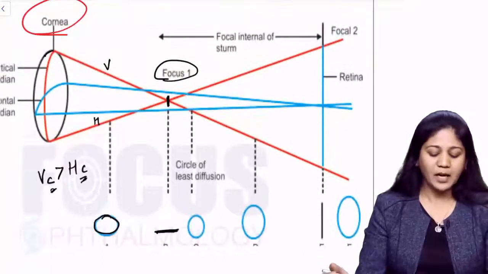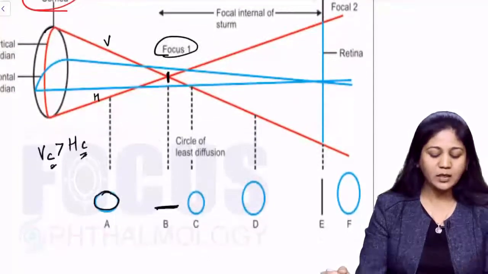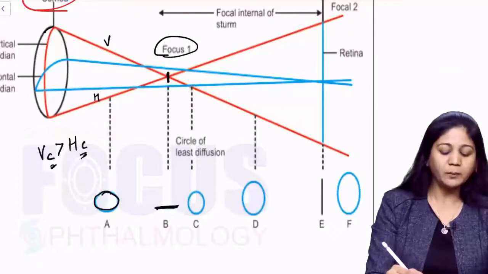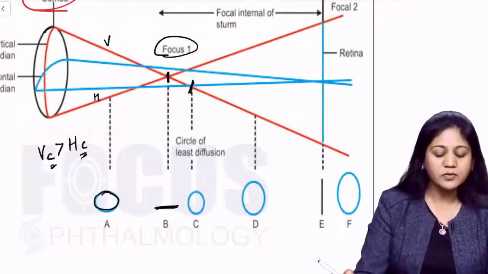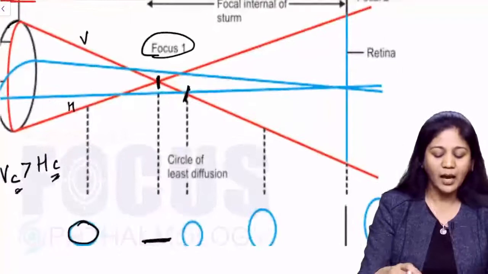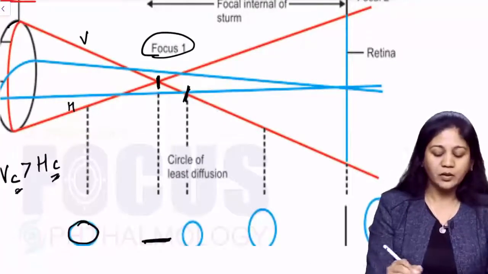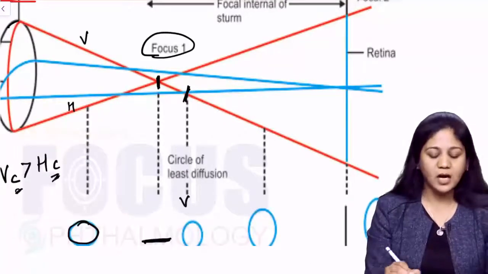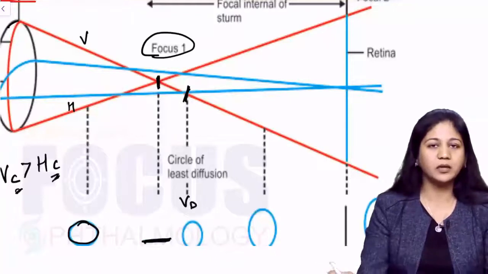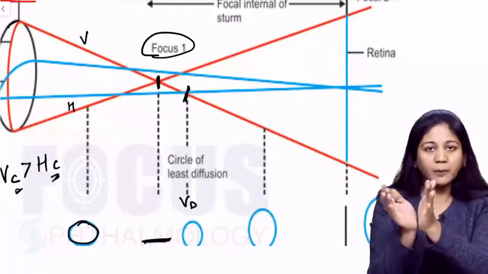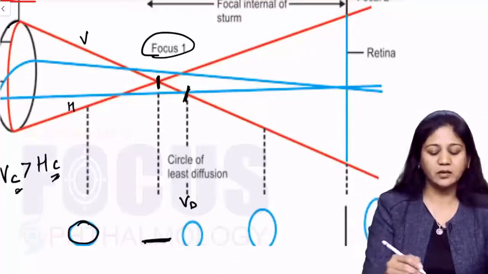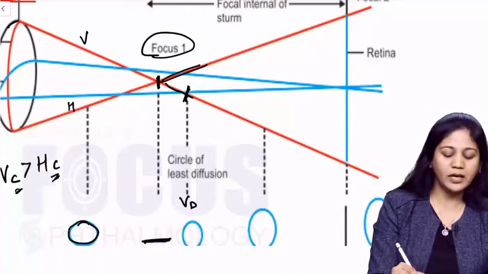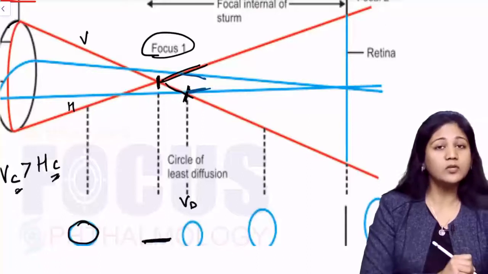Now what happens at point number C? Let us see closely. At point number C, the vertical rays have started diverging, isn't it? Vertical rays after coming to a focus have started diverging. So this is your vertical diverging, but your horizontal rays are still convergent.